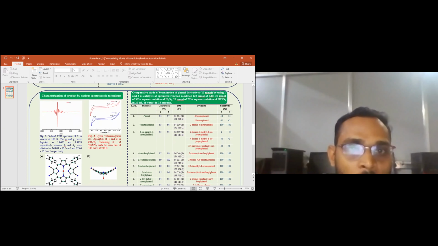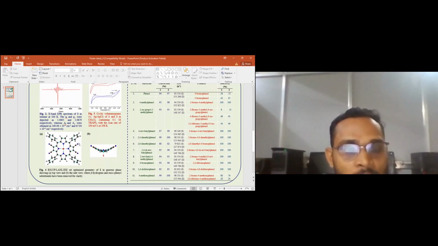Also, we have recorded the CV for the same compounds. In the case of tetracyano, the first reduction potential and the first oxidation potential are anodically shifted, which shows that tetracyano is a more electron withdrawing group as compared to tetrabromo.